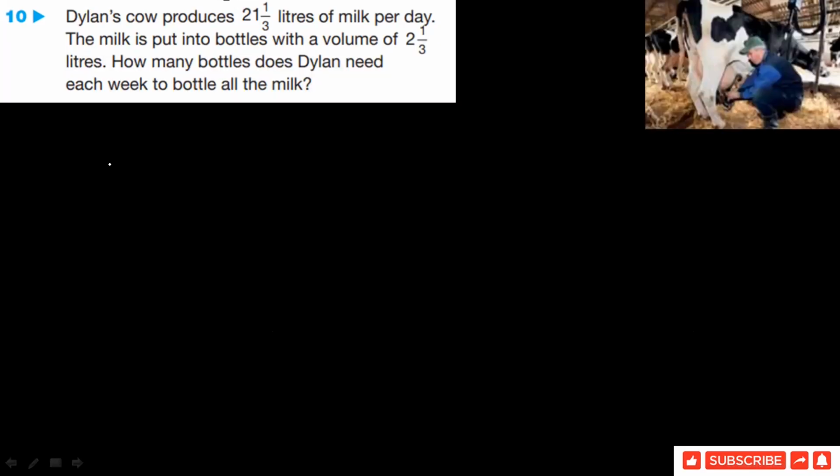Okay. Now next question is, question 10 states, Dylan's cow produces 21 whole 1 by 3 liters of milk per day. The milk is put into bottles with a volume of 2 whole 1 by 3 liters. How many bottles does Dylan need each week to bottle all the milk?